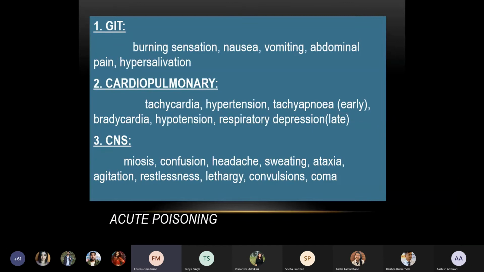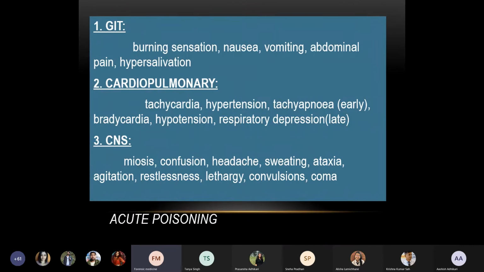Now the symptoms that we see in acute poisoning. Gastrointestinal symptoms include burning sensation, nausea, vomiting, abdominal pain, and hypersalivation. Cardiopulmonary symptoms: in the early stage you will see tachycardia, hypertension and tachypnea, and later on you will see bradycardia, hypotension and depression of respiration.